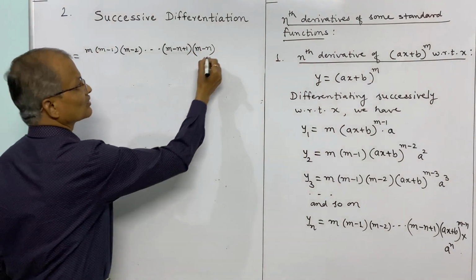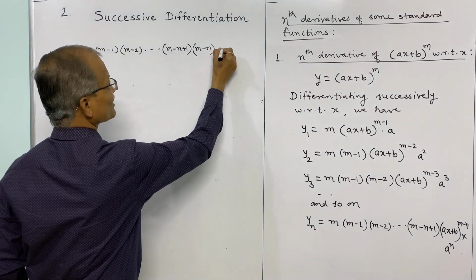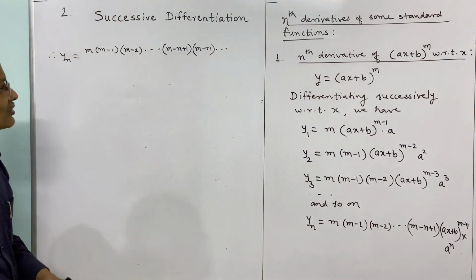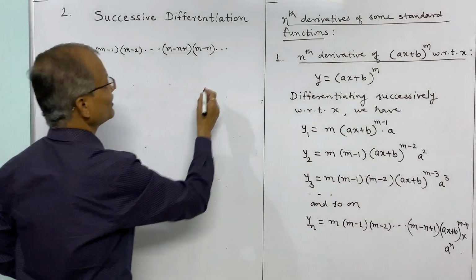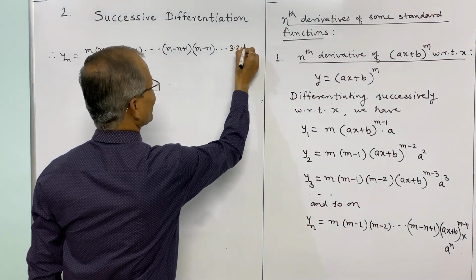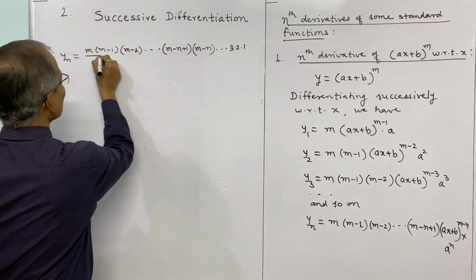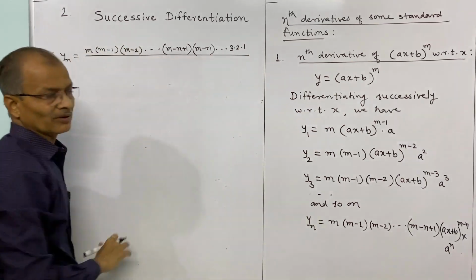Because m is considered an integer here, this will decrease up to 1, and that will be 3 into 2 into 1. And we have written a few terms extra, and those are to be divided.